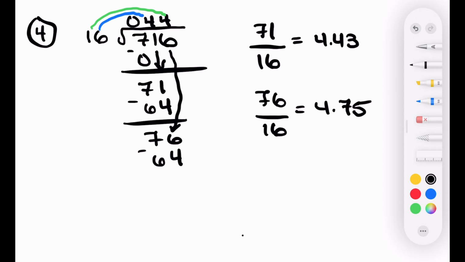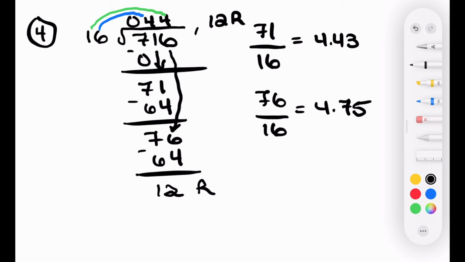Now we go 76 subtract 64, which is going to give us 12. And the reason we're going to call this our remainder now is that 12 divided by 16 is less than 1 again. So now we call this last digit here our remainder. And yet again, we can write it in the top as 12r, right along the line of our quotient.